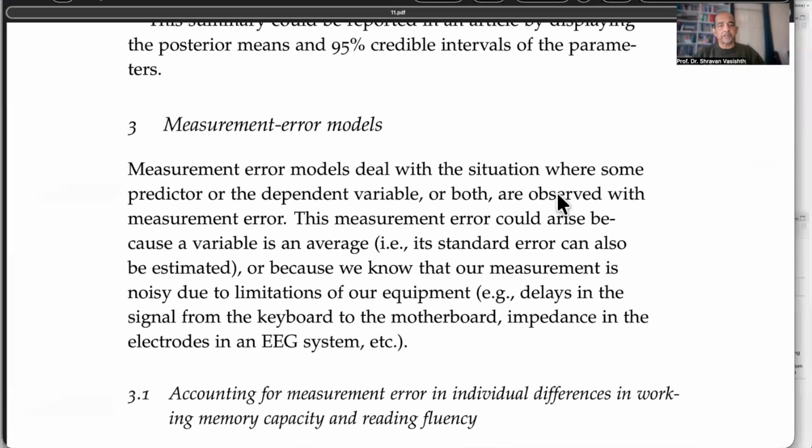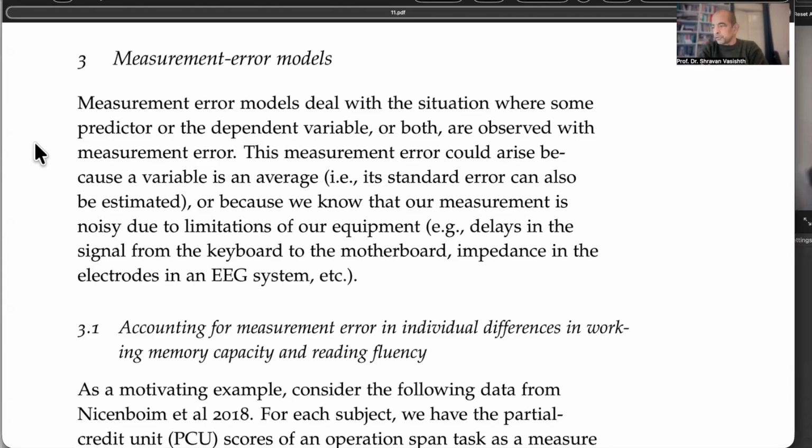The next topic I will cover is measurement error models. Now I'm going to talk about measurement error models, which are closely related to the random effects meta-analysis material that I just presented.